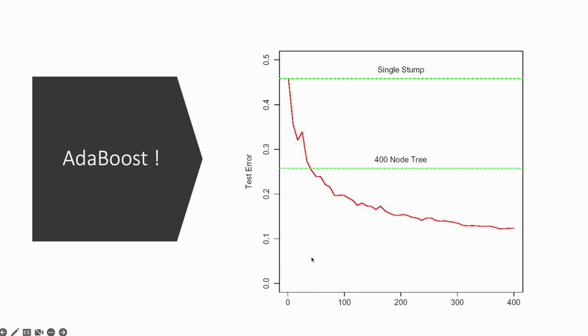Suppose I build 50 models, my error is almost close to that of the 400-node tree. If I build 100 iterations or 100 models, my error has gone down to 0.2. If I have built 400 decision stumps, 400 models or 400 iterations, then it's almost 0.1 or something. The error rate has gone down to 0.1.